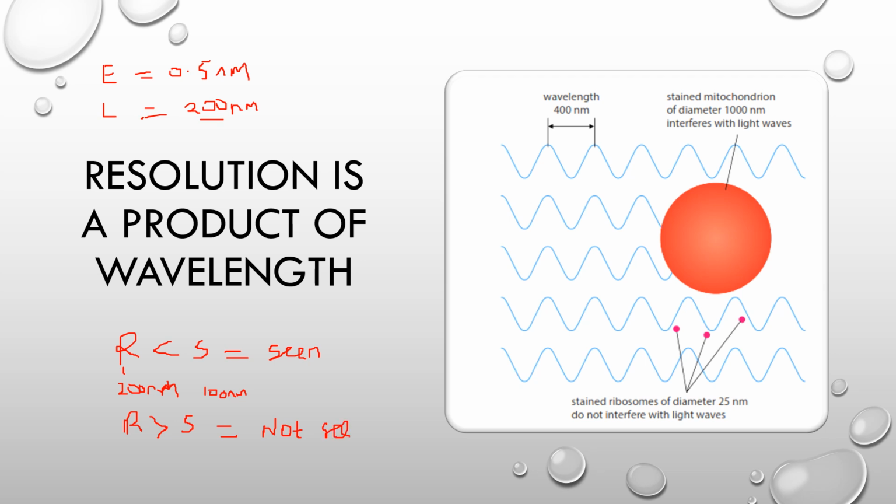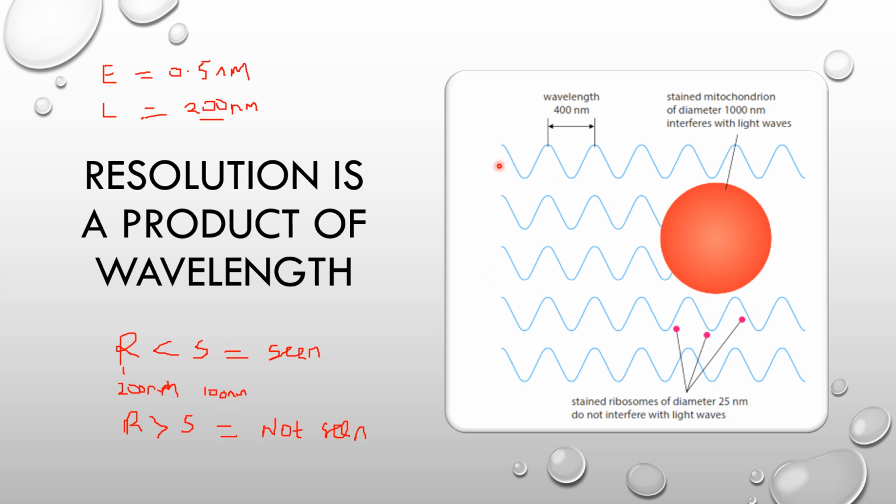This is a law: if the resolution of a microscope is less than the size of the structure, then you can see the structure. But if the resolution is greater than it, you cannot see it. For example, the resolution of light microscope is 200 nanometers, and that of the structure is 100 nanometers. This is greater than that, so this light microscope cannot resolve this.